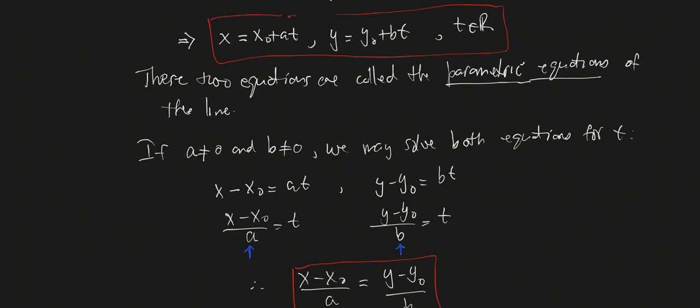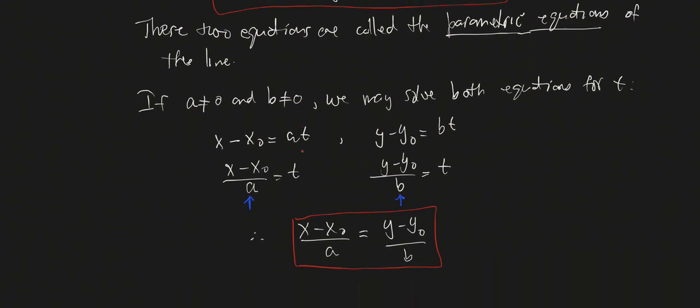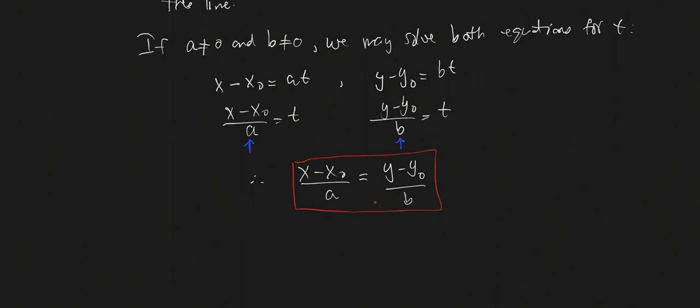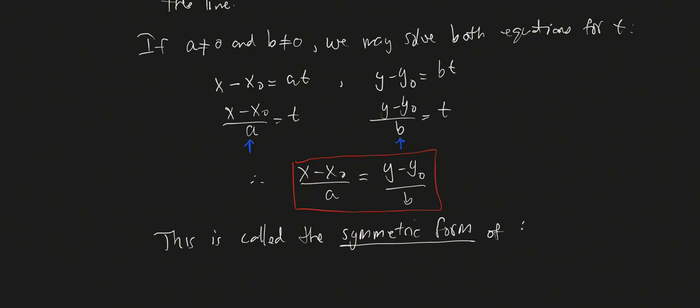Right? So this equation now is still an equation. And so this form of the equation of a line is called the symmetric form of the line.